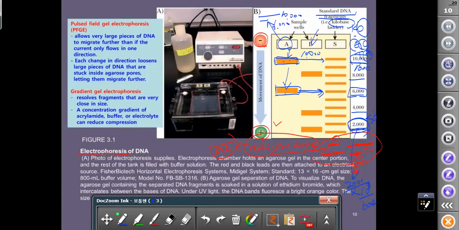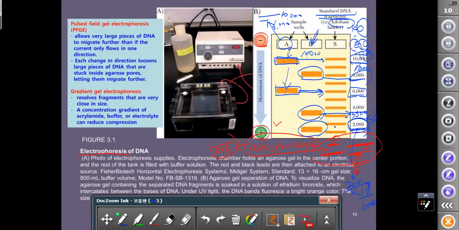And now the other sample B, you don't know what kind of DNA is there, and you don't know their size either. After this electrophoresis, you obtained three bands. One of them corresponds to almost 8,000. The other one corresponds to about 3,500.